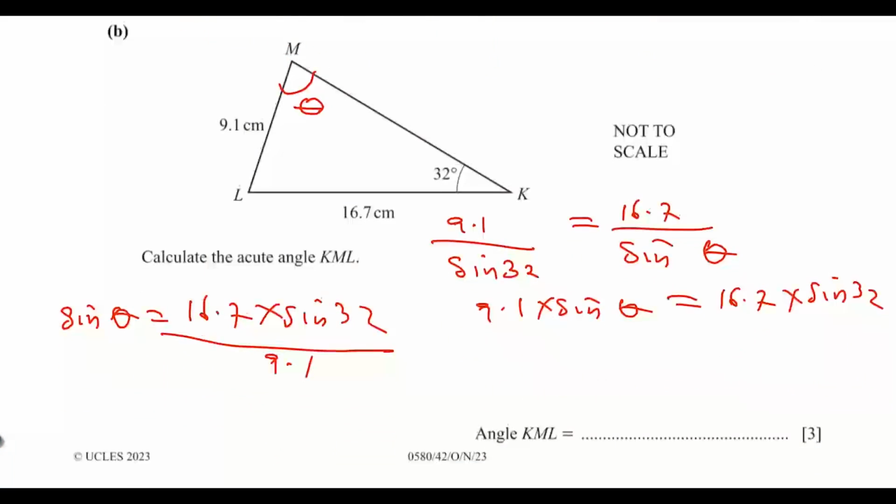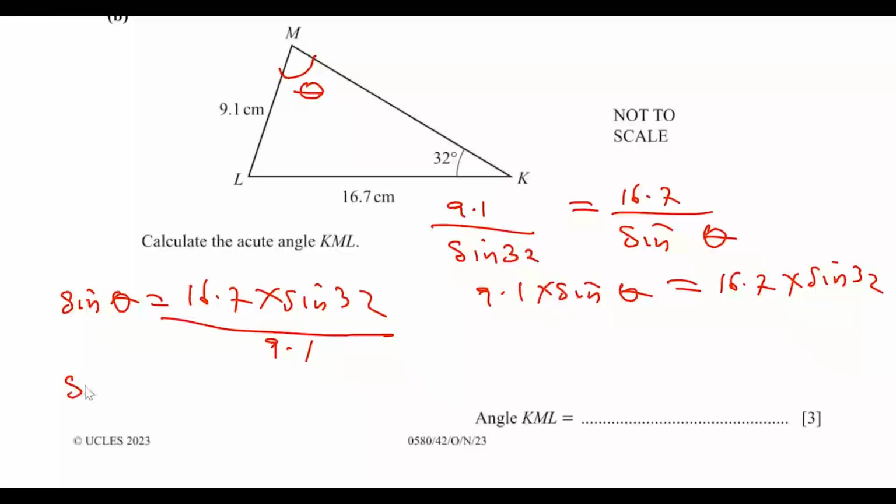Let's scroll down a little bit. So sine theta will be equal to, if you do this, you should get 0.9725.